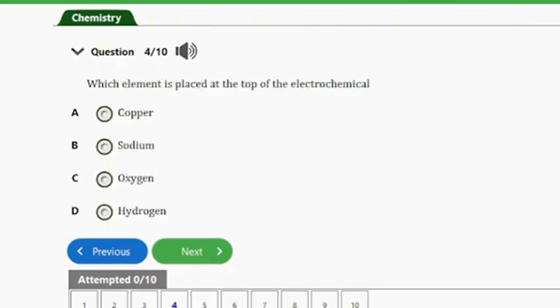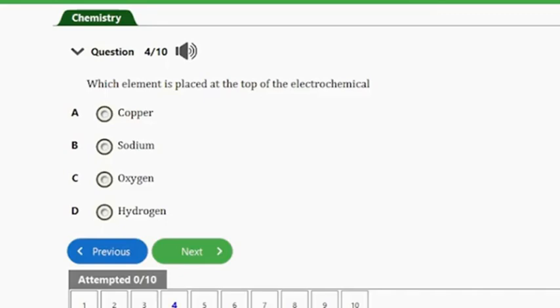Question number 4, it says, which element is placed at the top of the electrochemical series? A, copper; B, sodium; C, oxygen; D, hydrogen. So guys, in the electrochemical series, also known as the reactivity series, sodium is actually placed at the top. The electrochemical series is a list of elements in the order of their standard electrode potential.